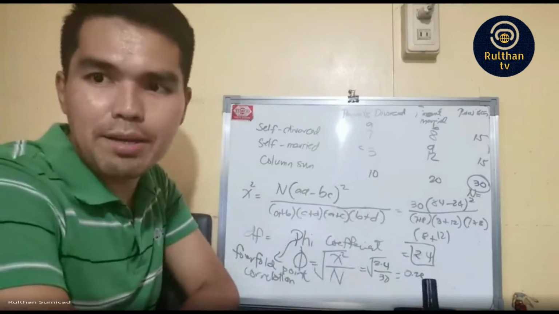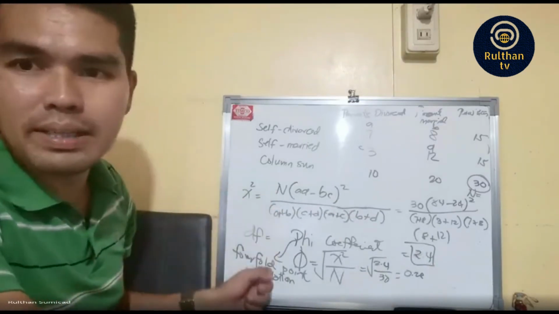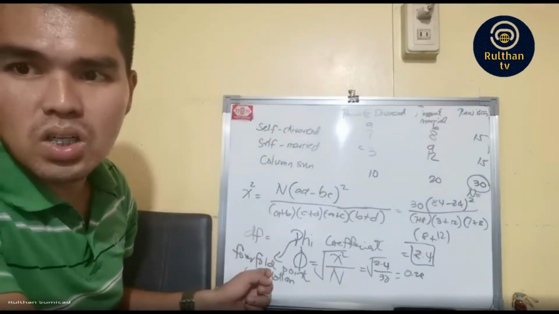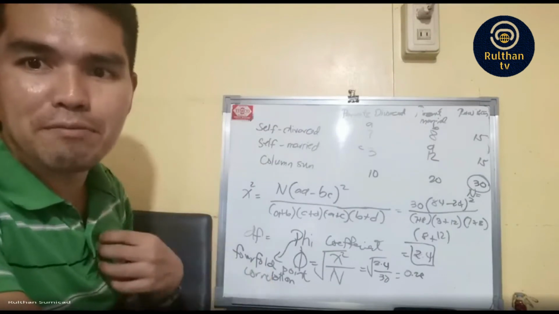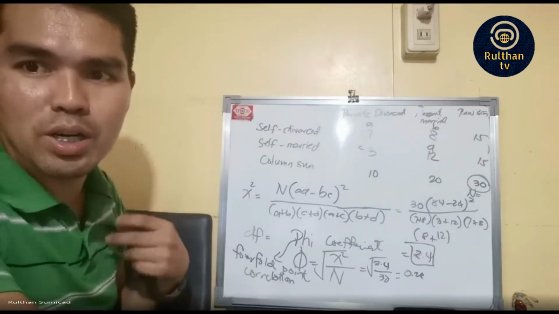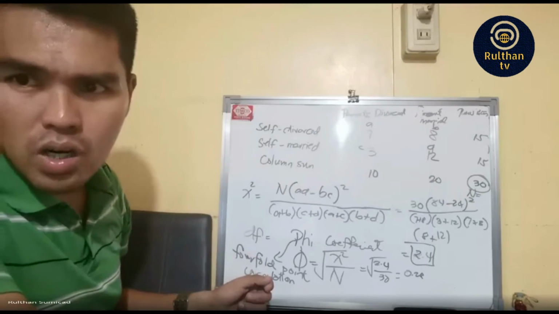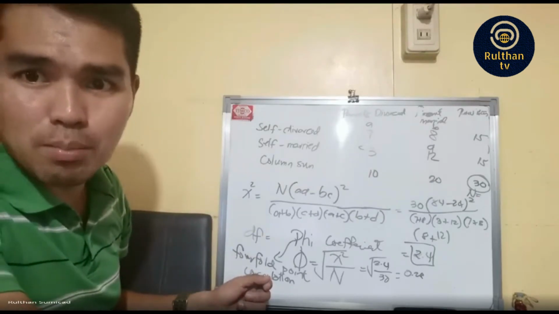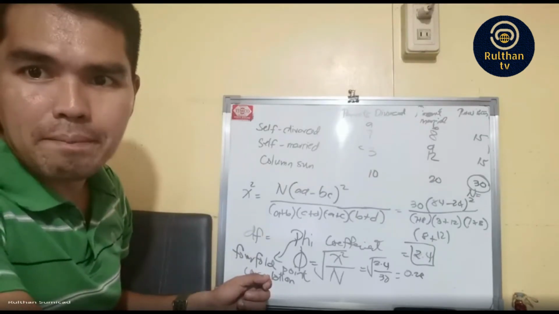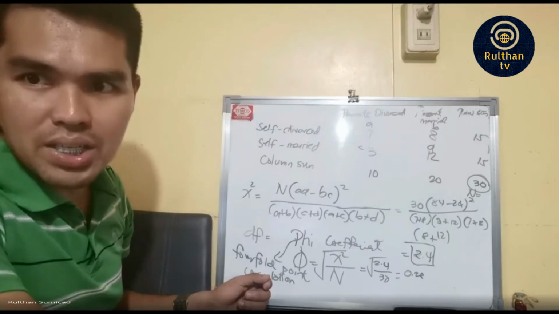It says here that the phi is considered a medium effect size as it is close to 0.3. Recall that 0.1 would be considered small and 0.5 is large.